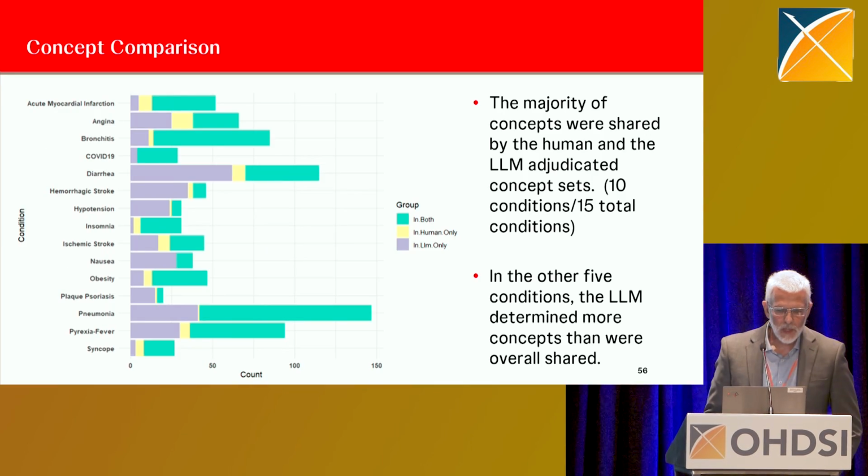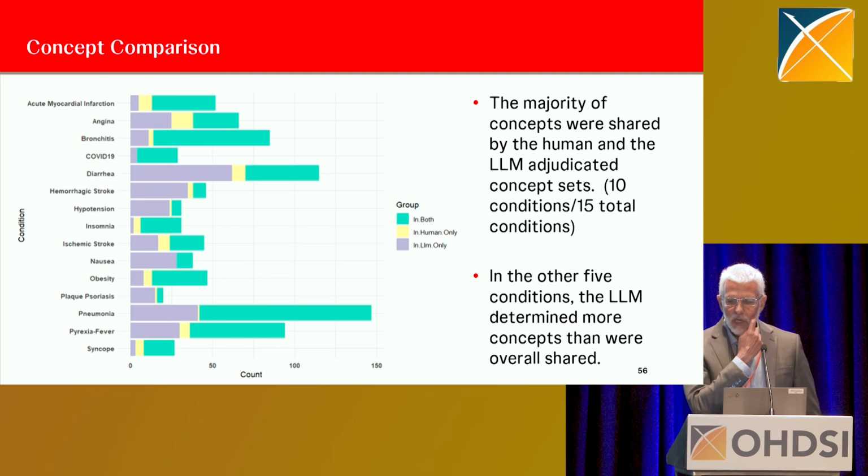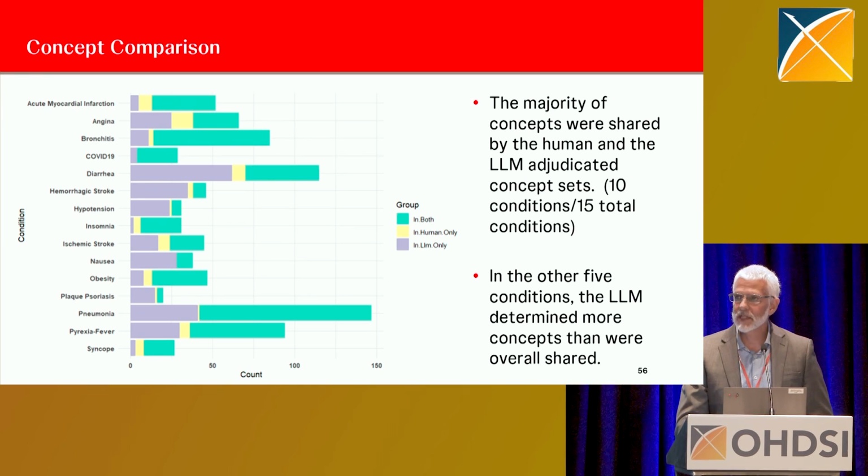For our results, we found that the majority of concepts were shared by the human and the LLM adjudicated concept sets in 10 conditions out of the 15 total conditions. In the other 5 conditions, the LLM generally determined more concepts than the overall shared.